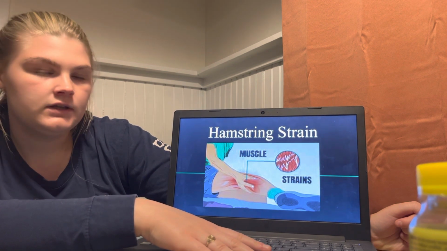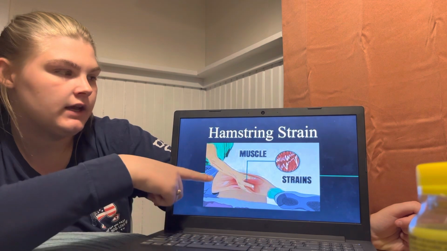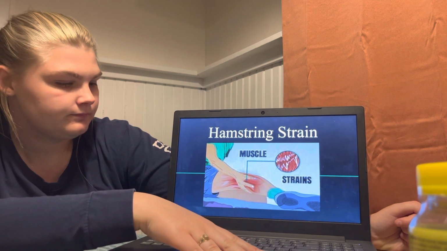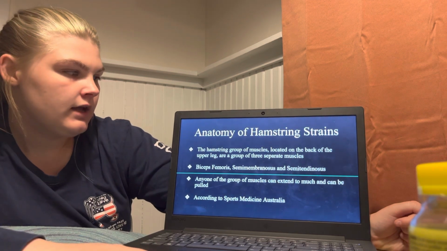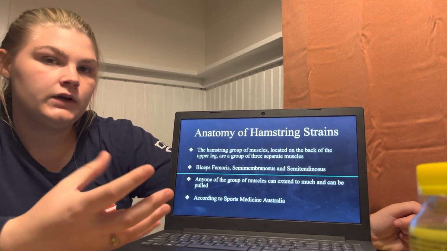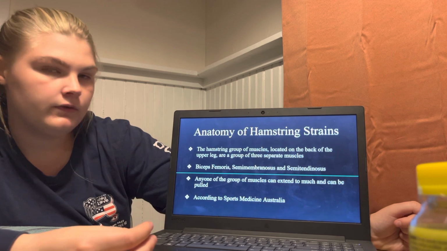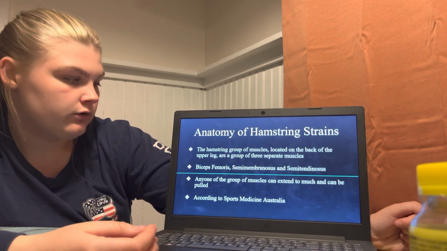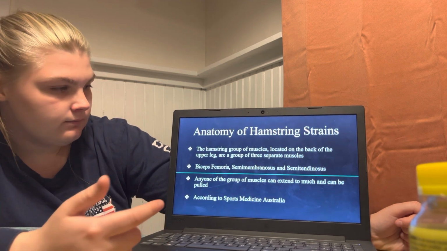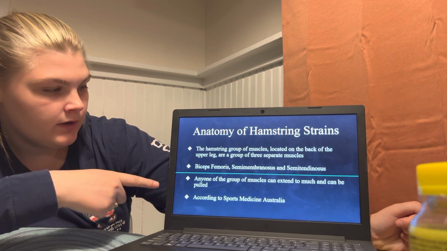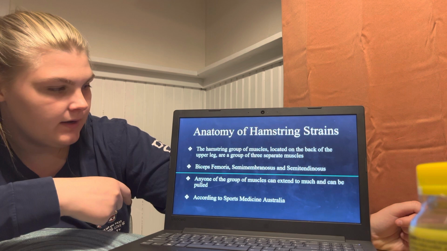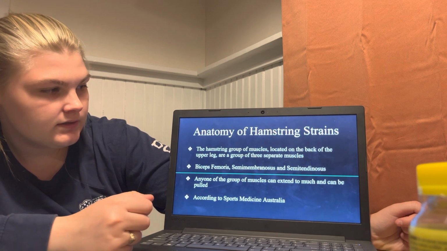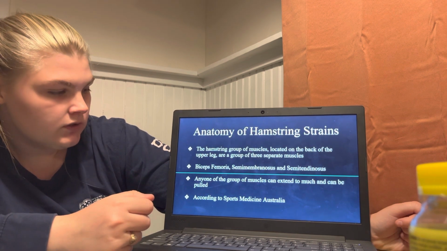The next injury that I chose was a hamstring strain. So the anatomy of a hamstring strain is there are three muscles in the hamstring group: the biceps femoris, the semimembranosus, and the semitendinosus.